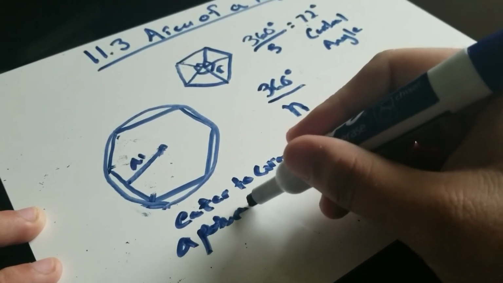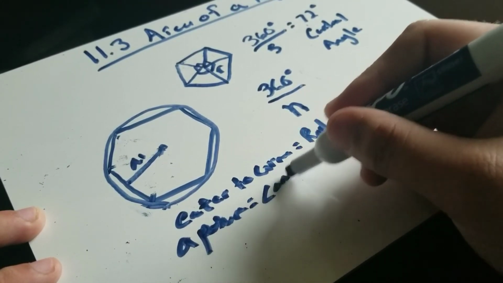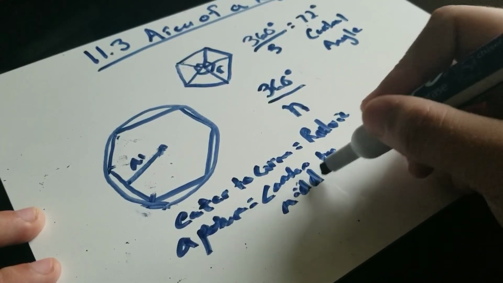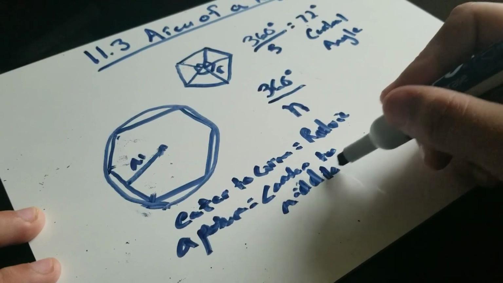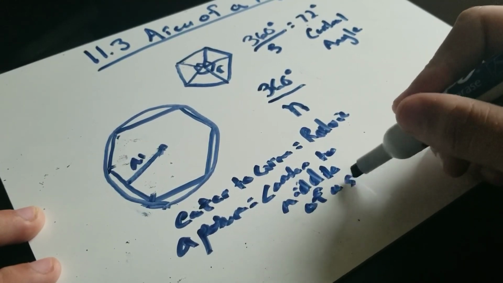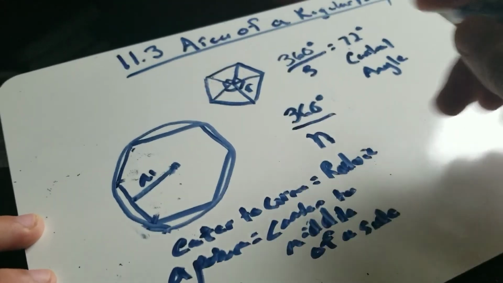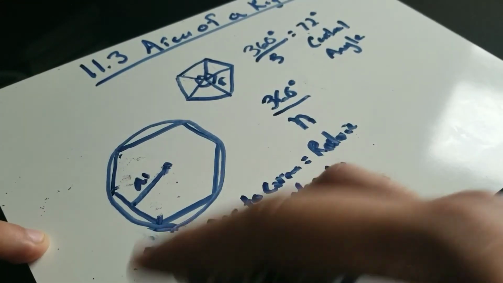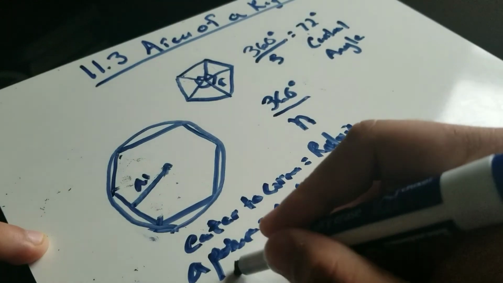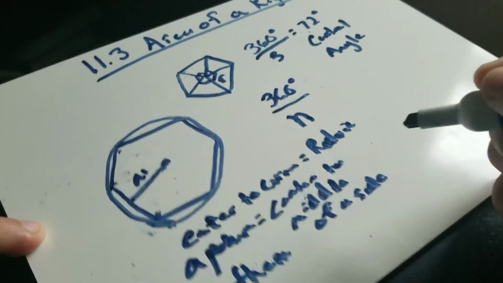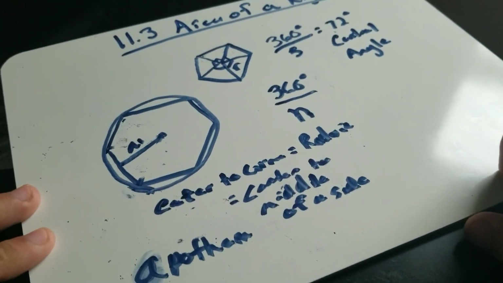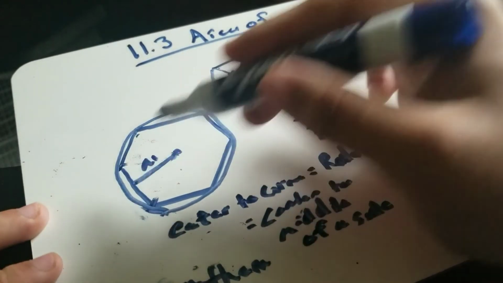Now, this is from the center to the middle, very particular, the midpoint of a side. So the apothem, I didn't make that clear. A-P-O-T-H-E-M. The apothem is the line from the center to the middle of the side.